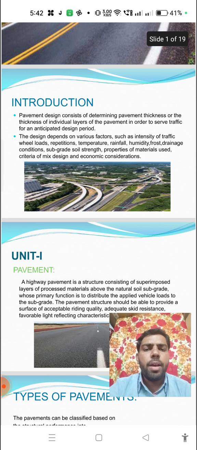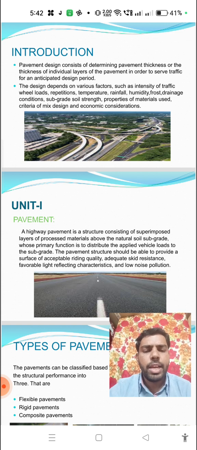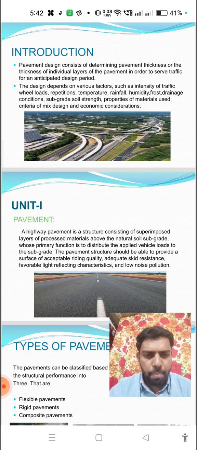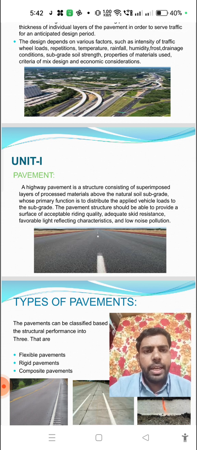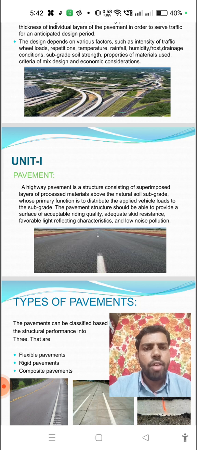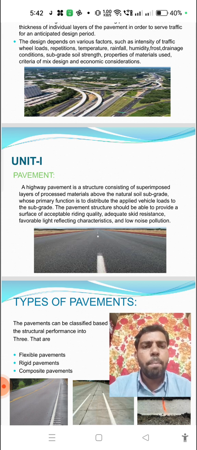In this first unit, we study the various parameters involved in the design of pavements. First of all, we should know the meaning of pavement. A highway pavement is a structure composed of superimposed layers of materials above the subgrade soil, whose primary function is to distribute the applied vehicle loads to the subgrade.